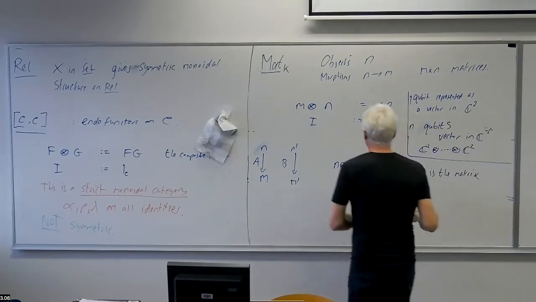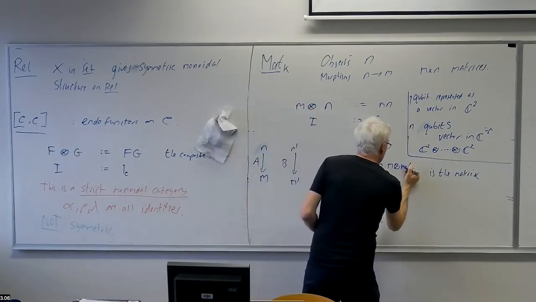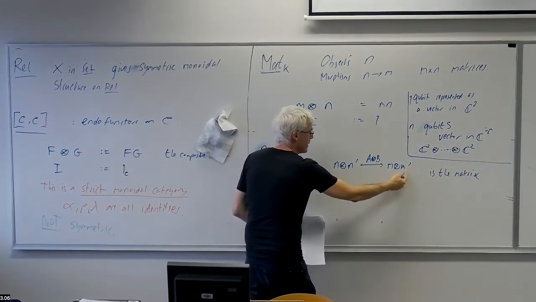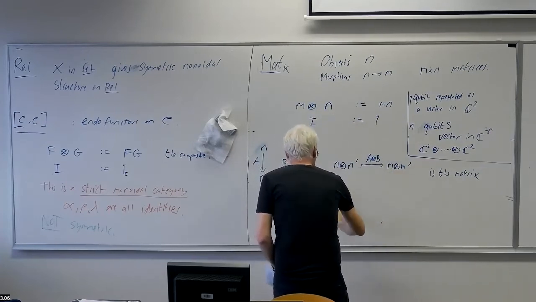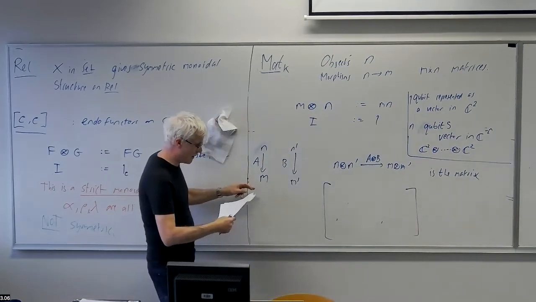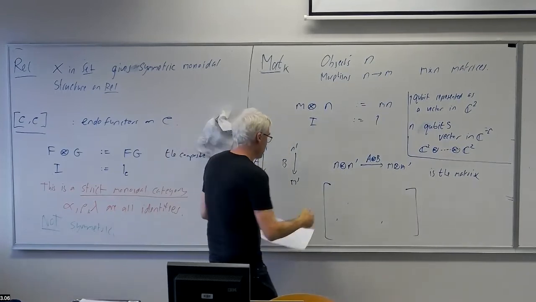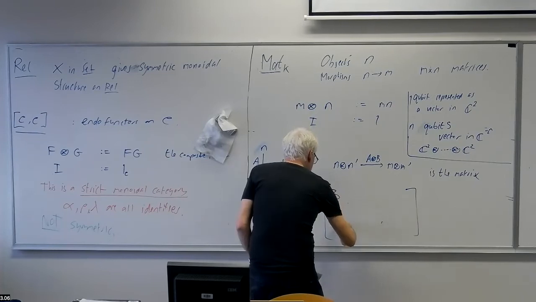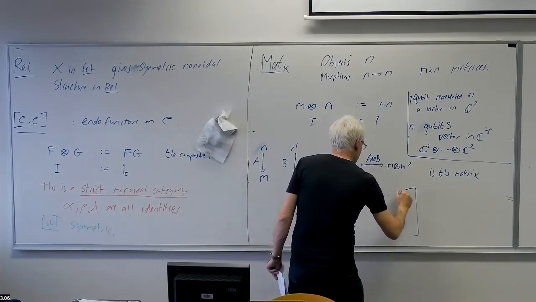we want to give a matrix with m times m prime rows and n times n prime columns. And hopefully you've seen this construction before. So B is an m prime by n prime matrix. So we can fill this matrix with m copies of B vertically and n copies of B horizontally.